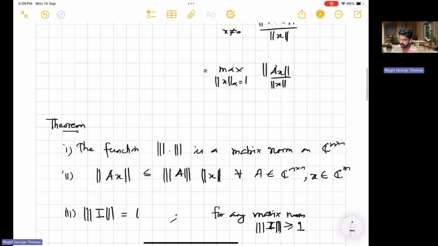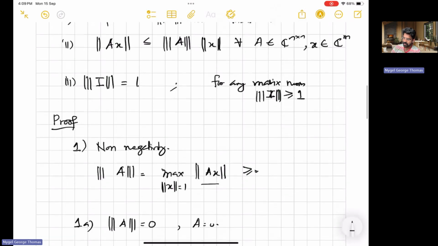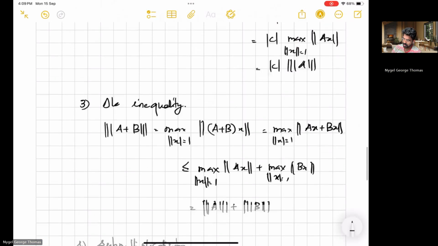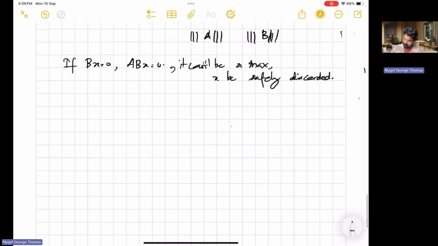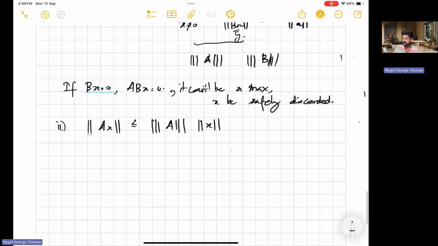Now let's look at the next property. Now we have already proved the first part. Now let's look at 2. What we have to do is prove that norm of AX is less than or equal to matrix norm of A into, sorry, vector norm of X. Proving this is actually simple.